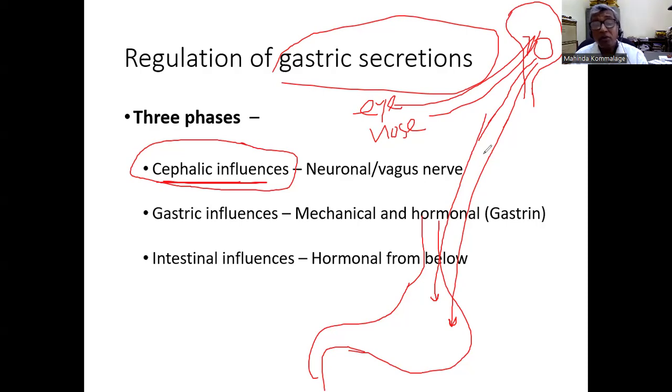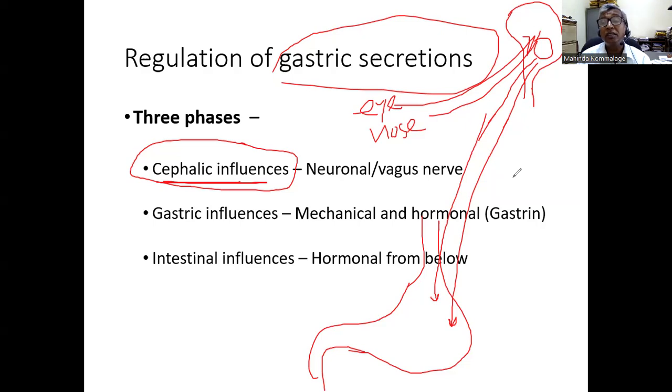So when the dog gets the food, gastric secretion initiates. But later we introduce food and bell, right? And secretion increases. But later, without giving food, just ringing the bell will initiate the gastric secretion. Did you learn it somewhere? That is how somebody discovered the conditional reflex.